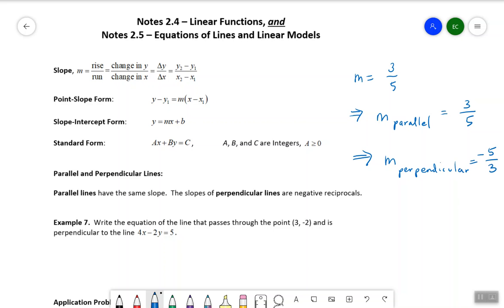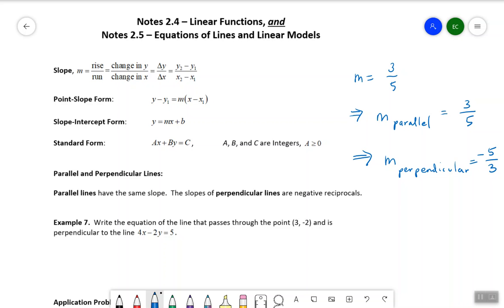So the reciprocal means flip the numerator and the denominator, and then the negative means we're going to change the sign. The positive slope becomes negative, or if the original slope had been negative, then the new slope would be positive.